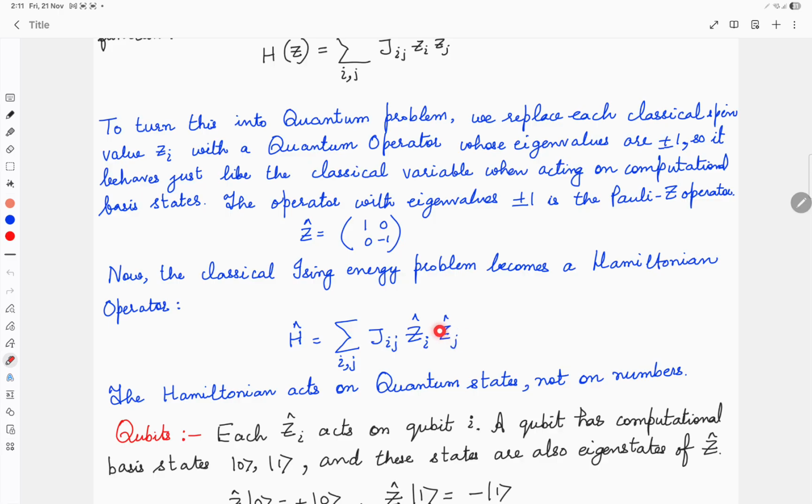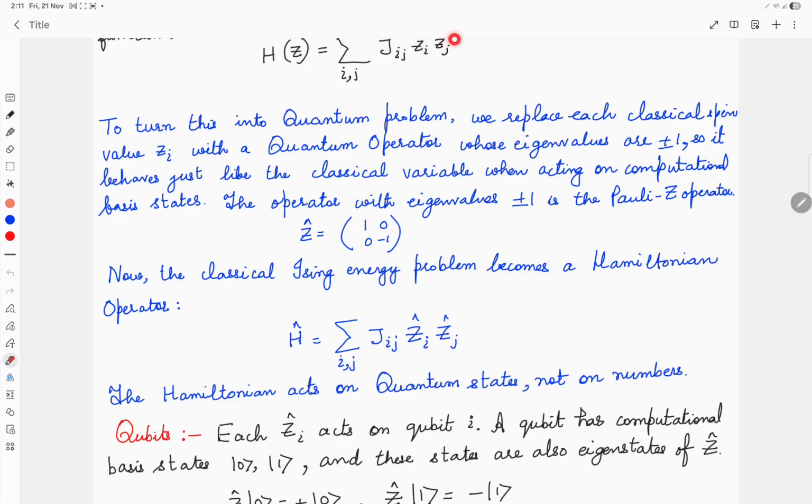What are this Zi hat and Zj hat? These are the Pauli Z operators which will work as the spin variables Zi and Zj. This Hamiltonian, this H cap, will now act on the quantum state and not on numbers.